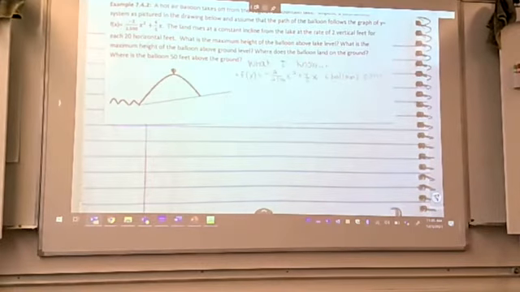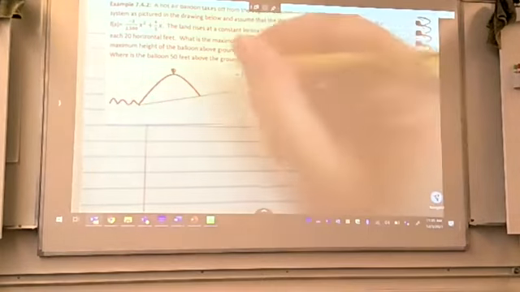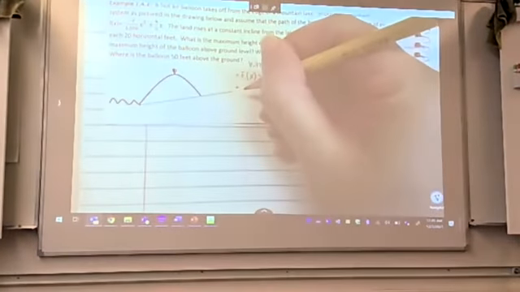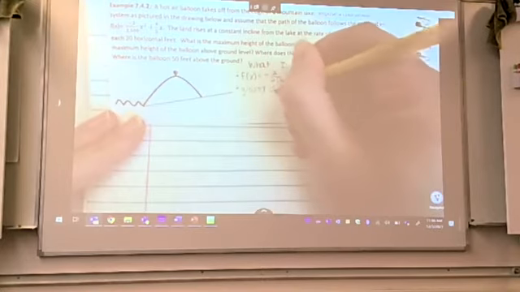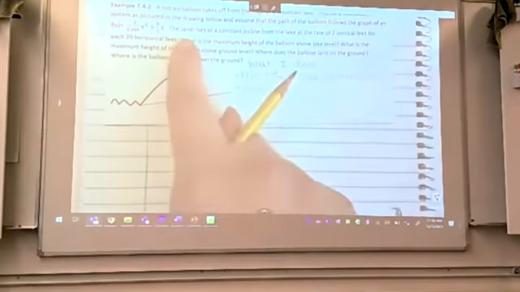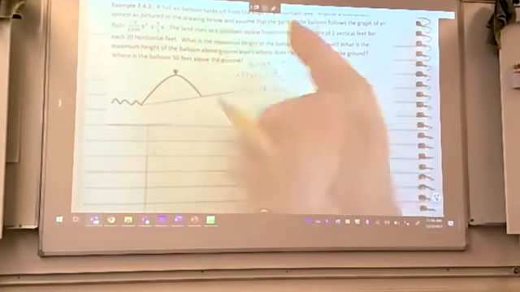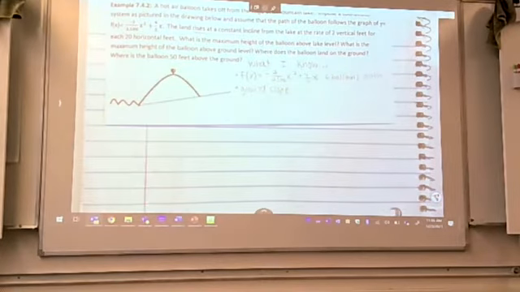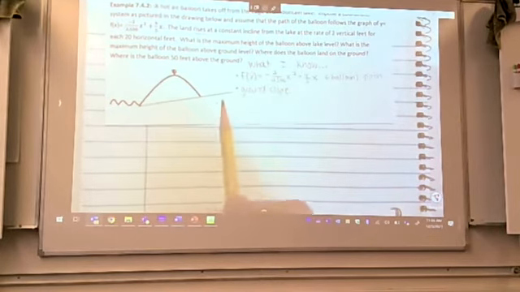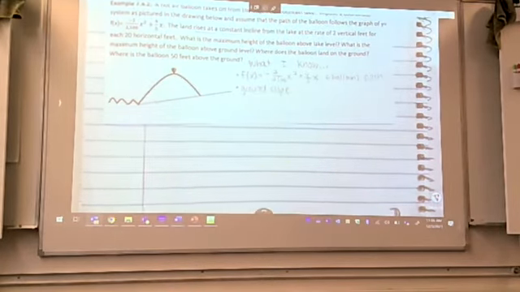Then I'm gonna go with Sam, you gave me this info. You gave me the ground slope. They tell you the land rises at a constant. When I see rises at a constant, that tells me linear, right? And that makes sense because that was the line, right? It rises at a rate of 2 vertical feet for each 20 horizontal feet, right?